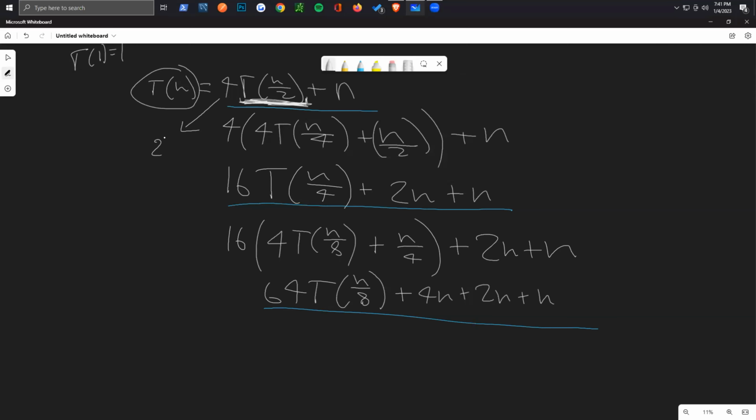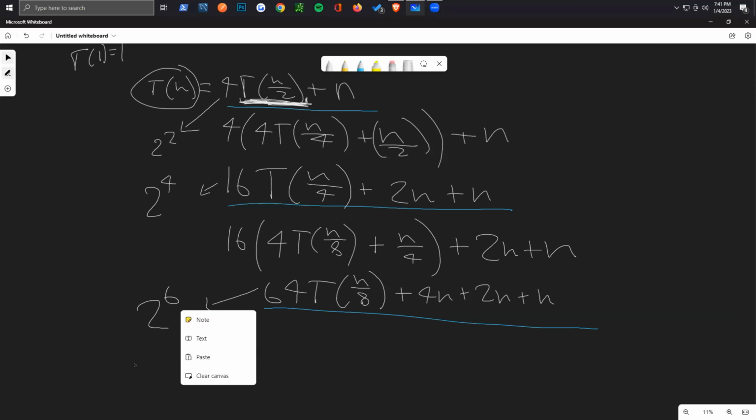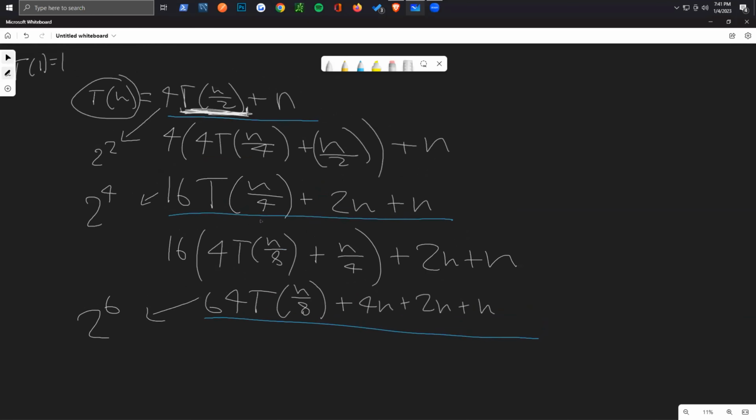So we can think of 4 as 2 to the 2. Now, this term right here, 16, we can think of as 2 to the 4, right? And on the last iteration, we can think of this as 2 to the 6, because that's what 64 is. So again, we've identified this is getting divided by 2 constantly.